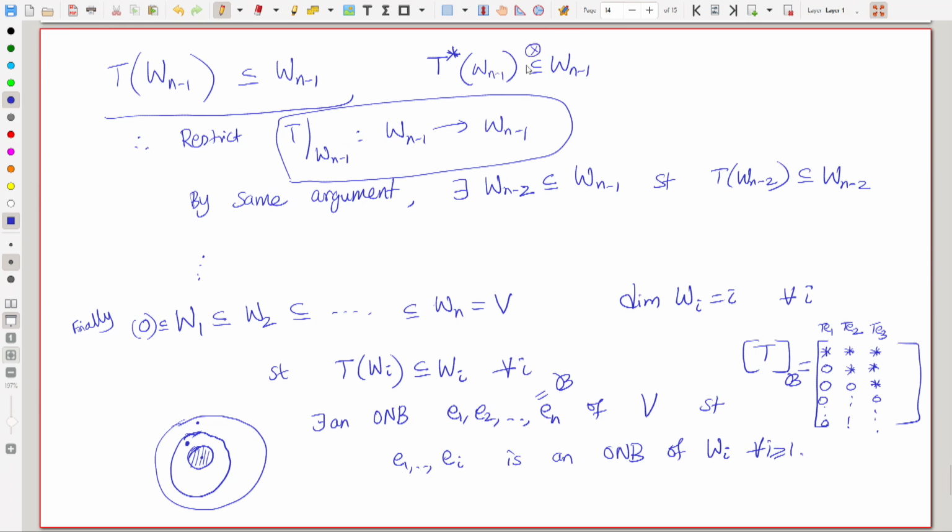We do not know it to be true in this case. We only know that T preserves W_{n-1}. T star preserves the perp, but T need not preserve W_{n-1}. So what will happen in general is, look at the operator T restricted to W_{n-1}.